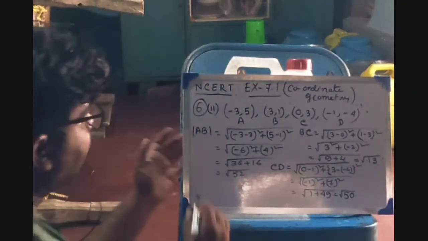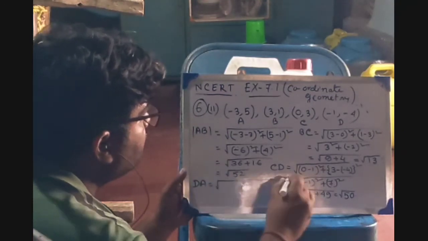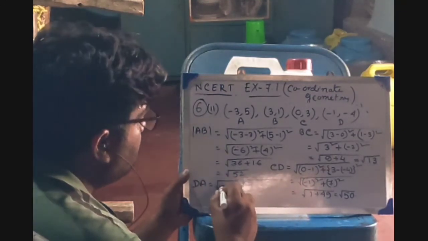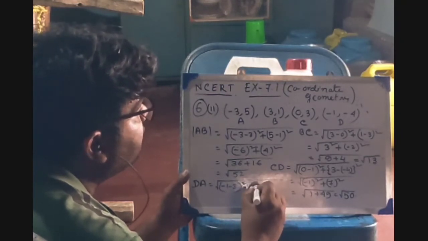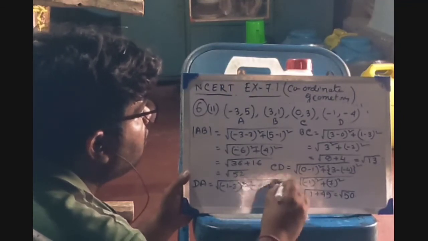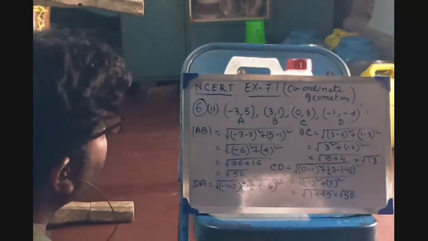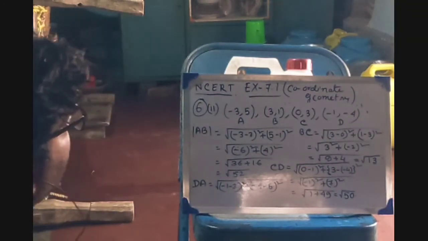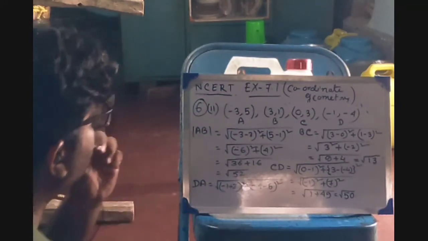Next, DA. That's equal to root under of (-1 - 3) whole square plus (-4 - 5) whole square.